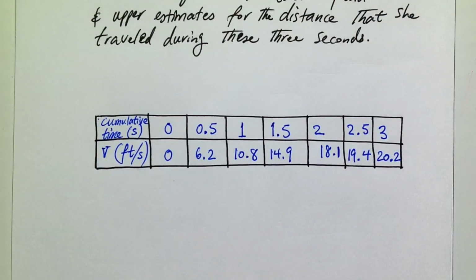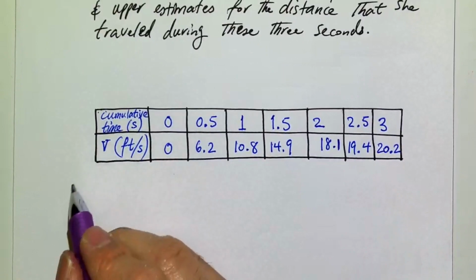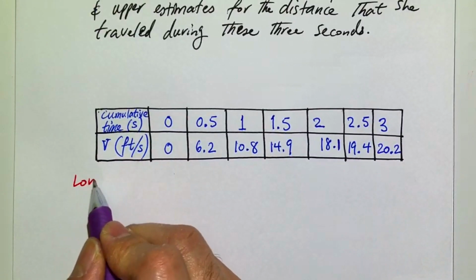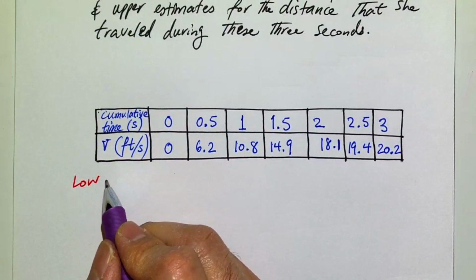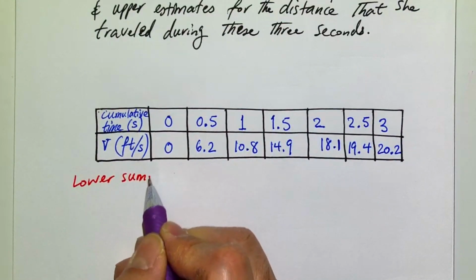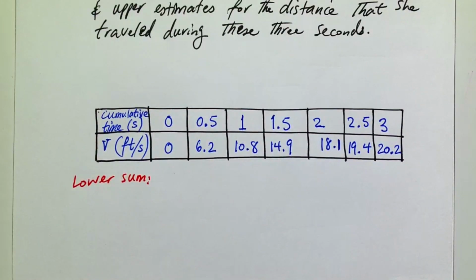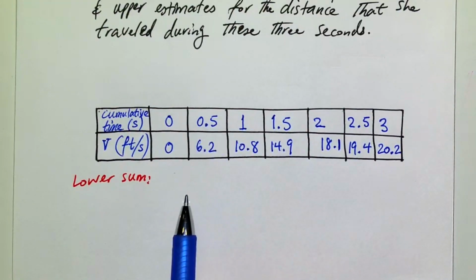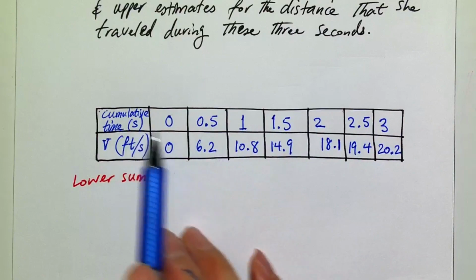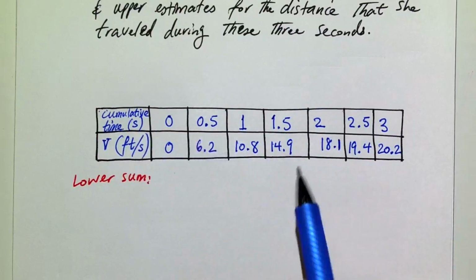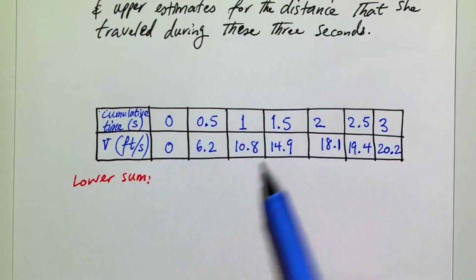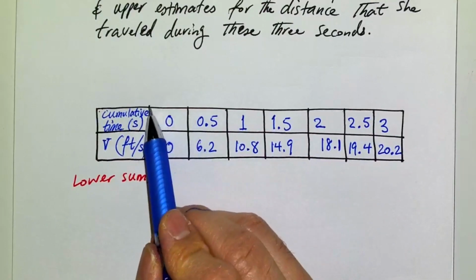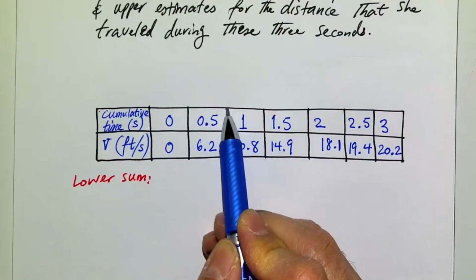So for the lower sum, if we take each of these as intervals, then for the lower sum, from here 0 to the end of this interval.